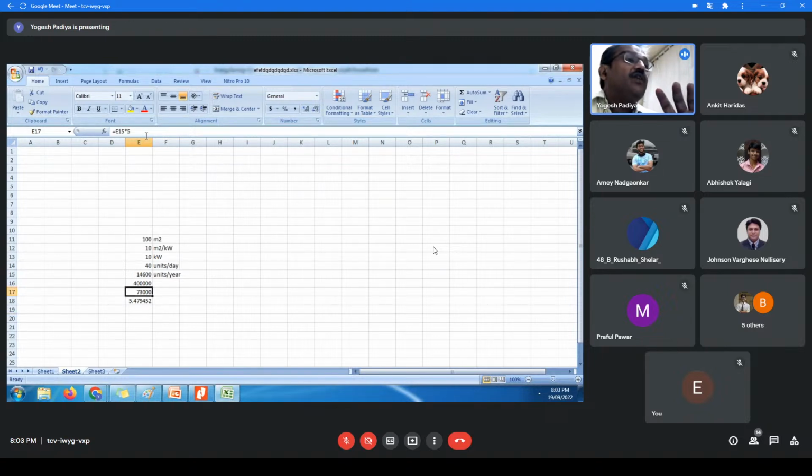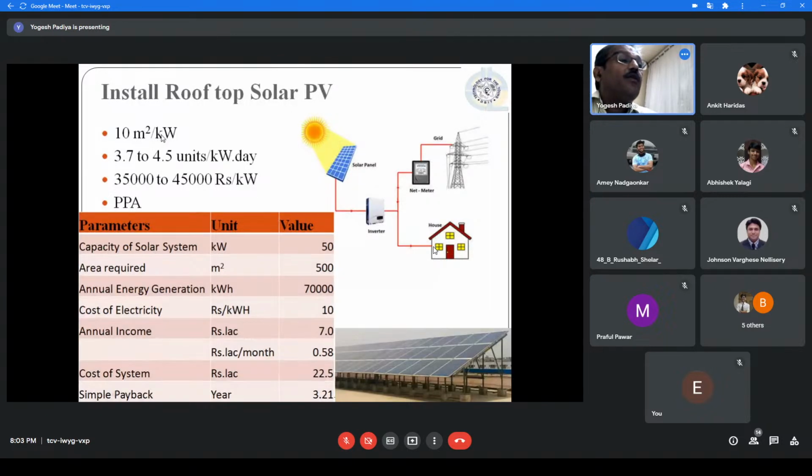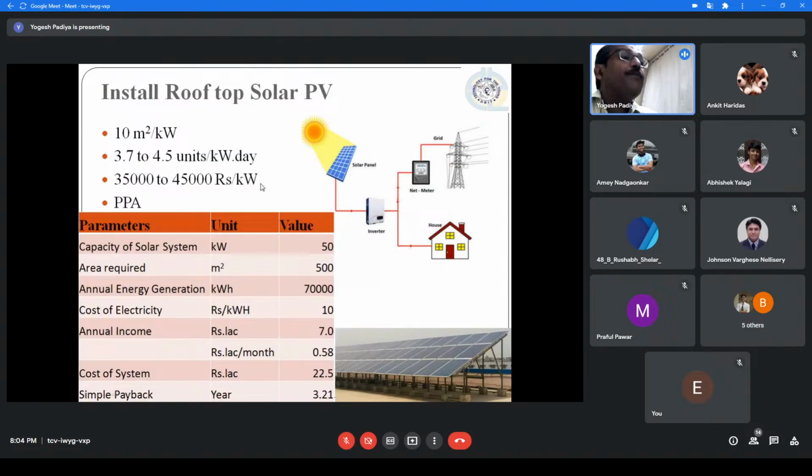But if you are getting a net metering system, then with the light bill you can recover your cost within 3 years. So guys, the same thing I have put here. For 1 kilowatt, the area required is approximately 9 to 10 meters square. 1 kilowatt panel will produce 3.7 to 4 units per day, and the cost per kilowatt will be 35 to 40,000 rupees.